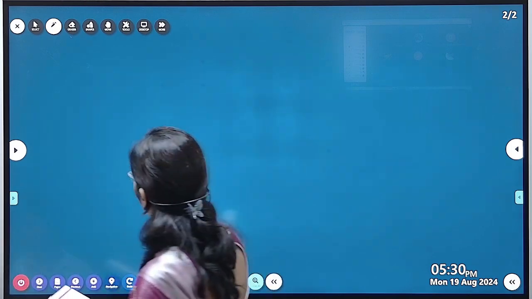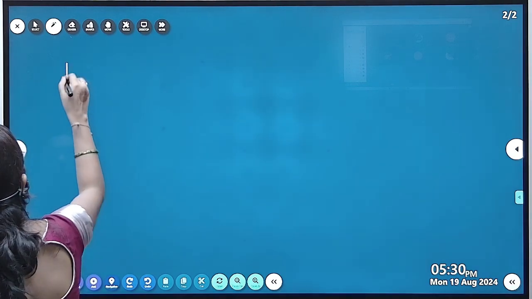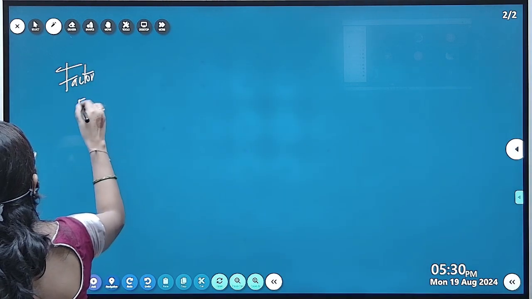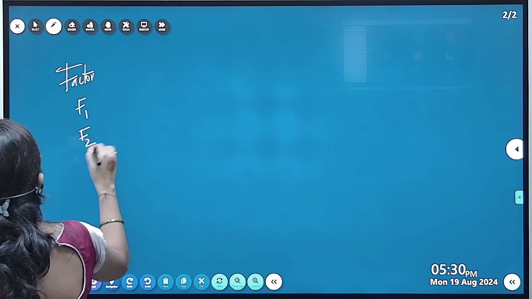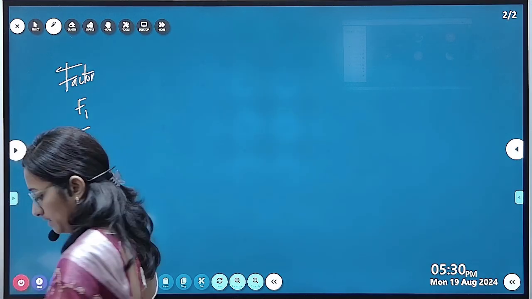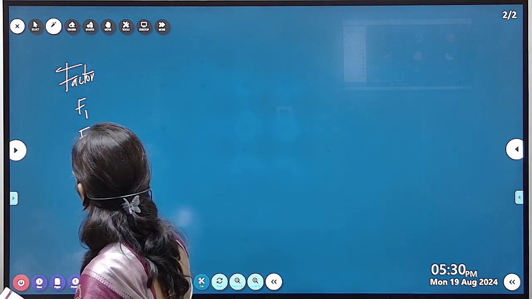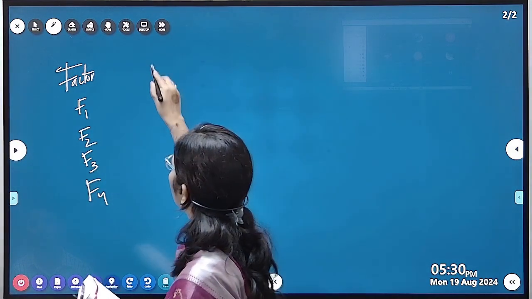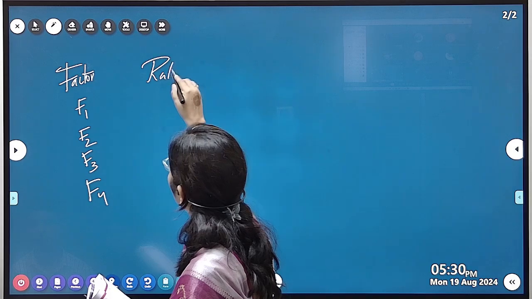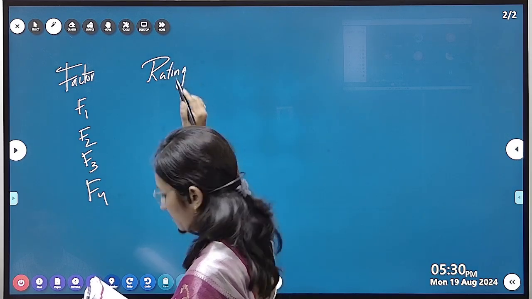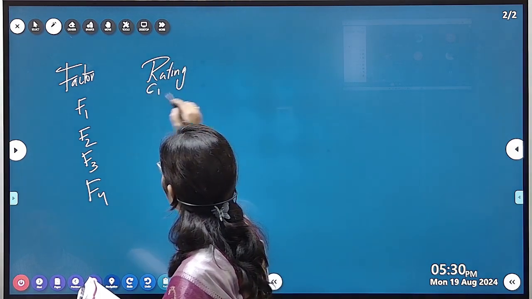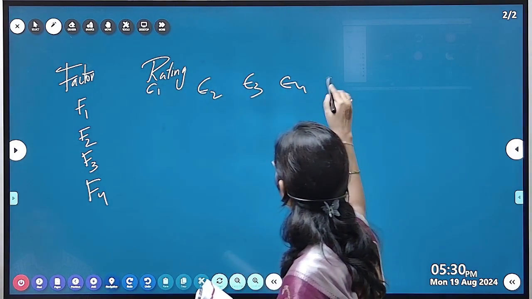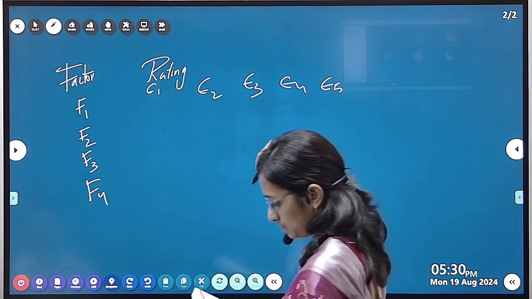Here the factors are F1, F2, F3 and F4. What ratings have they given, E1, E2, E3, E4 and E5?